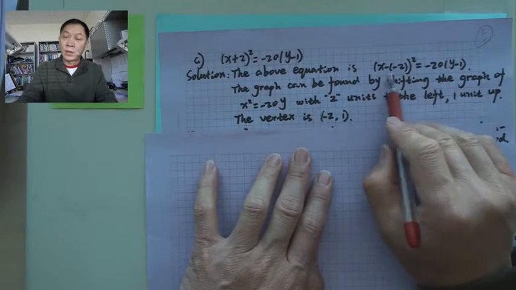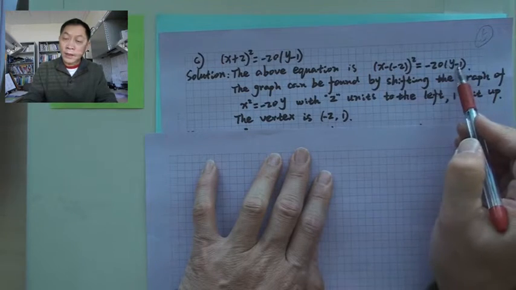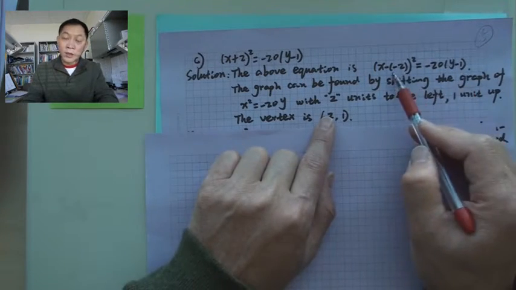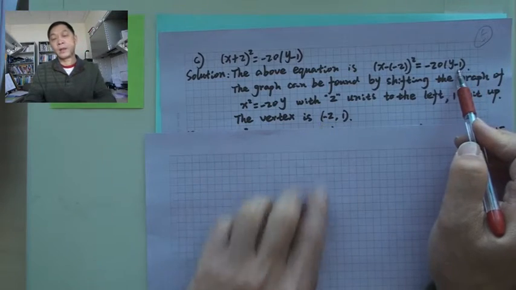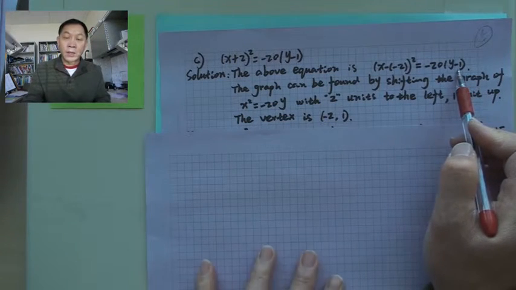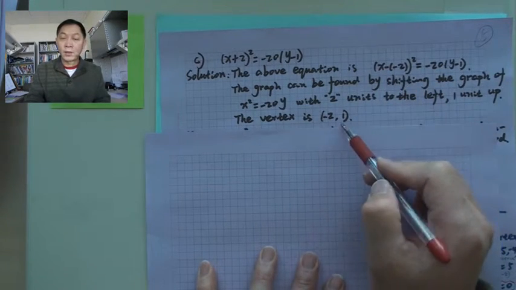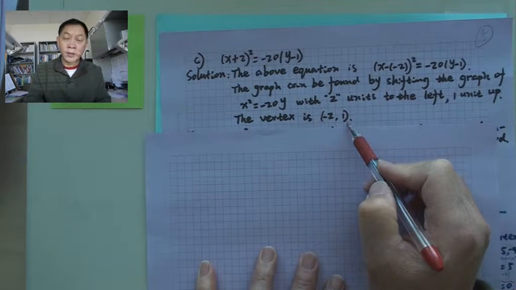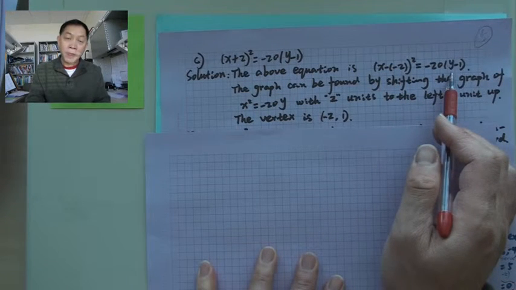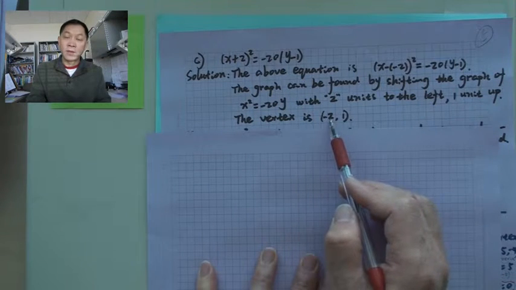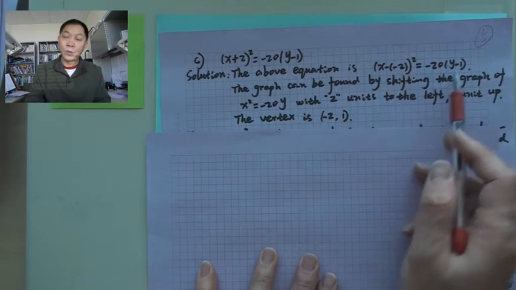The reason I wrote it this way is because I know the vertex will be at x coordinate negative 2, y coordinate 1. When you write it this way, you can tell the vertex is here. And it basically tells you this graph can be obtained by shifting the original one 2 units to the left and 1 unit up.